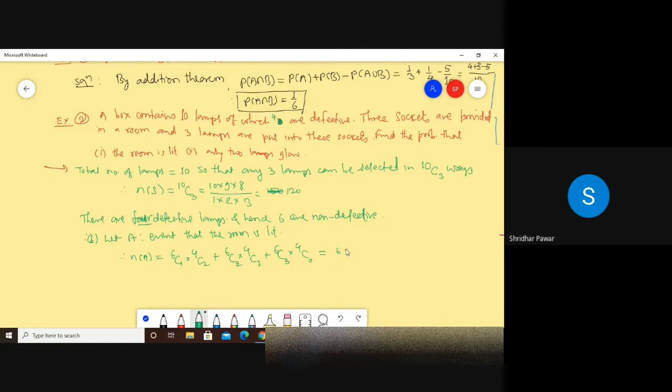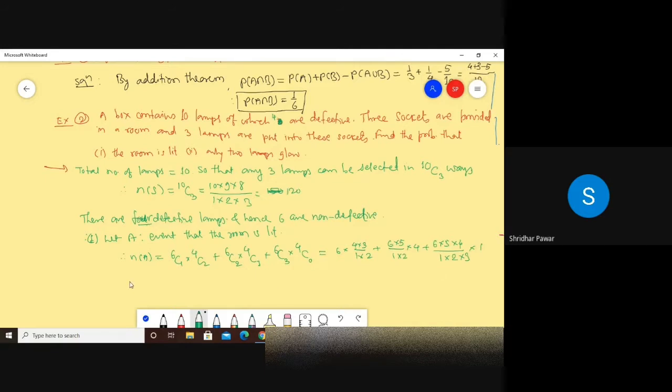6 into 4 into 3 divided by 1 into 2, plus 6 into 5 divided by 1 into 2 into 4C1 means 4, plus 6 into 5 into 4 divided by 1 into 2 into 3. 4C0 means 1.